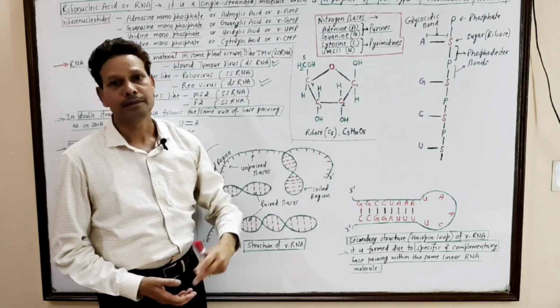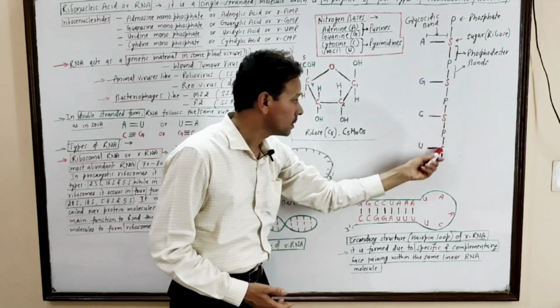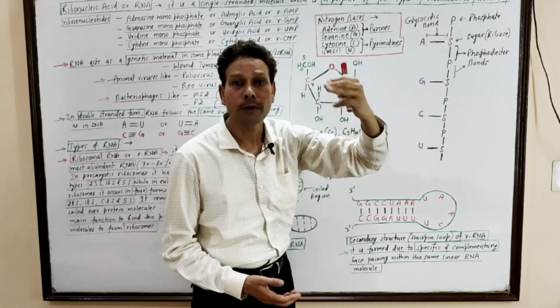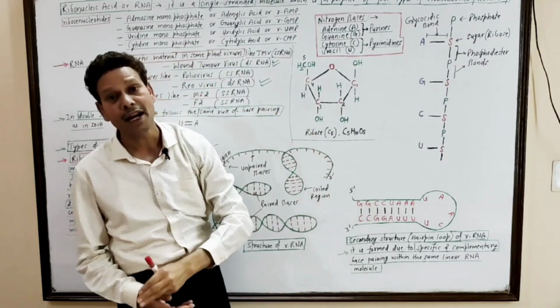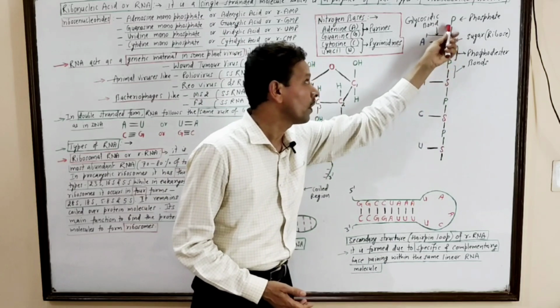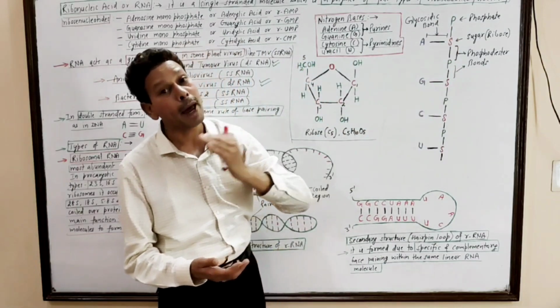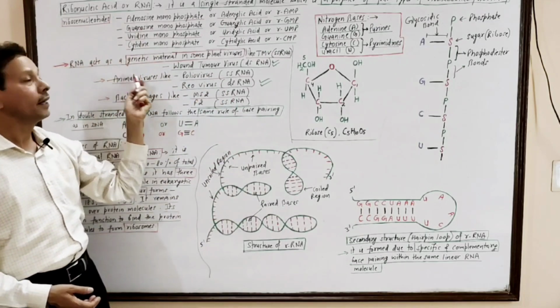In DNA as well as in RNA, these phosphate sugar molecules produce the backbone of the strand.